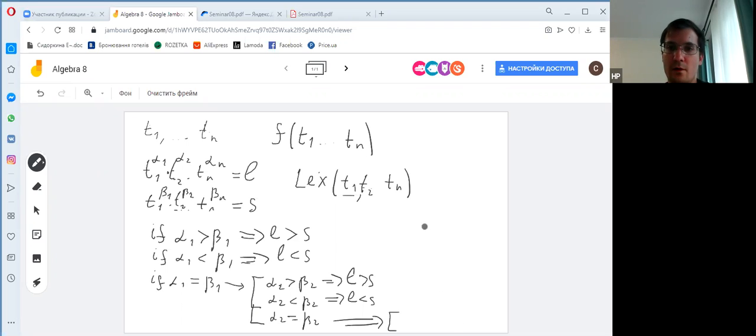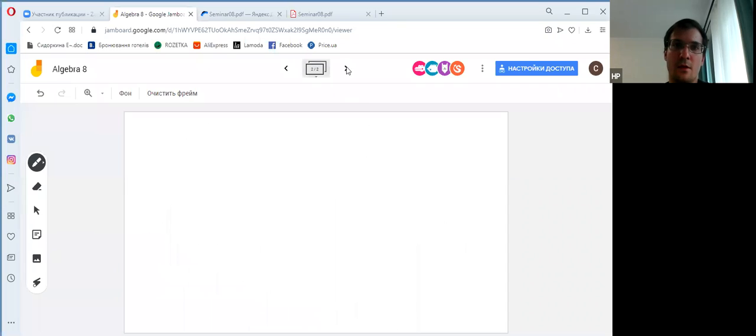So for every two monomials S and L, we can say that either S is bigger than L, or L is bigger than S, or they just coincide. Okay, this is just a reminder of the definition, and let us begin with the first task.